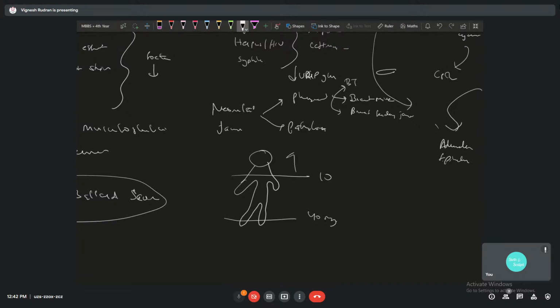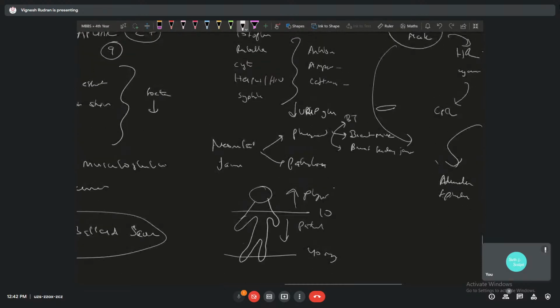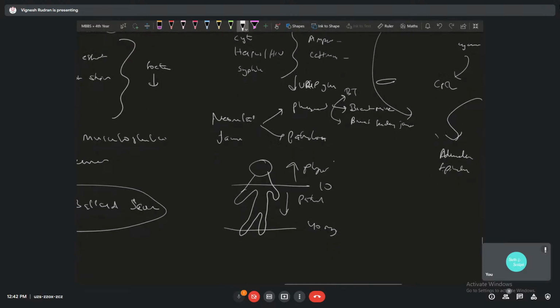Anything above the nipple you can consider physiological, and anything below the nipple you're going to consider pathological jaundice. Physiological jaundice occurs within the first week, 7 days, and subsides within 10 to 14 days. But pathological jaundice will be there since birth and will be persistent.